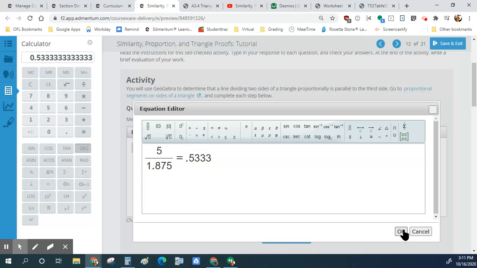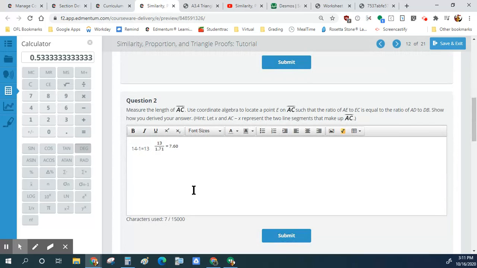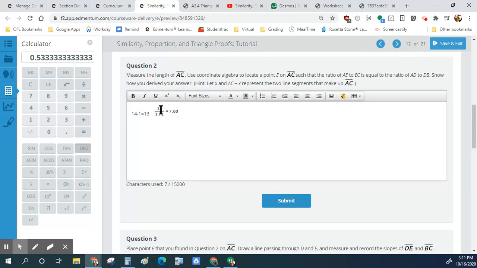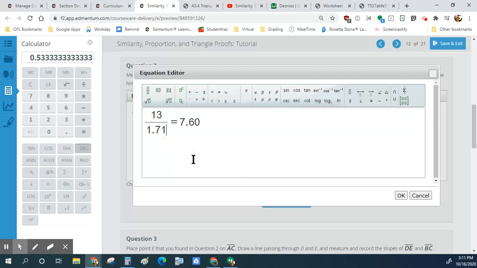And then what I'm going to do here is what I should have done before. And now I'm going to do the ratio. And clear that out. 13 divided by 0.53333. Get about 24.